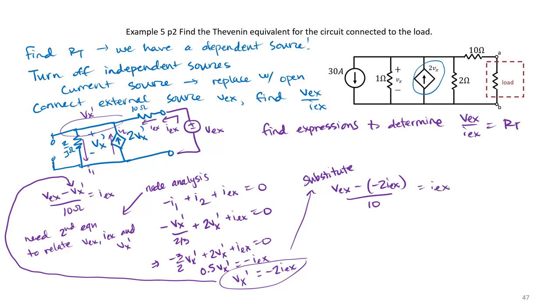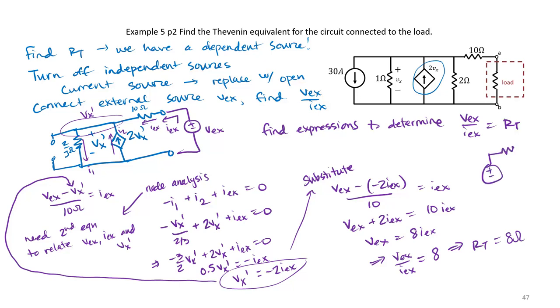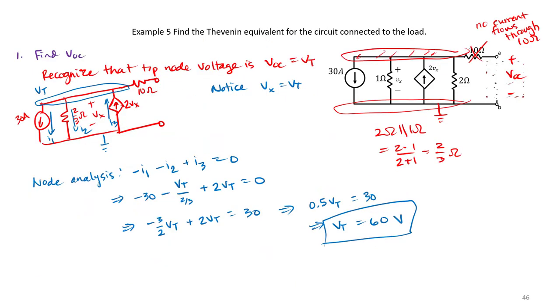So I can write that VEX plus 2 IEX equals 10 IEX. VEX equals 8 IEX. So VEX over IEX is equal to 8. And then that means our Thevenin resistance is 8 ohms. The Thevenin equivalent, therefore, becomes an 8 ohm resistor with our 60 volt source.